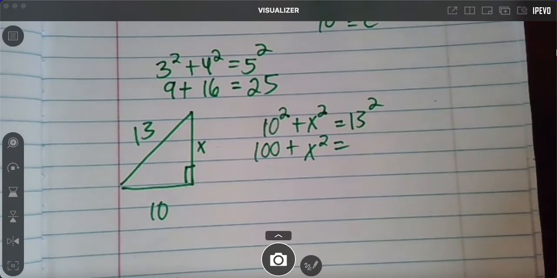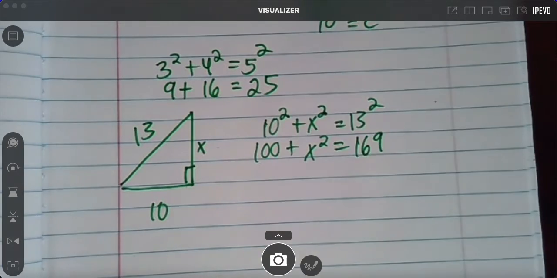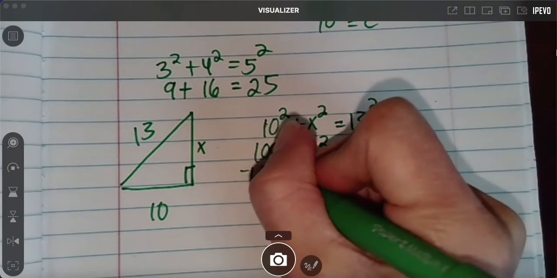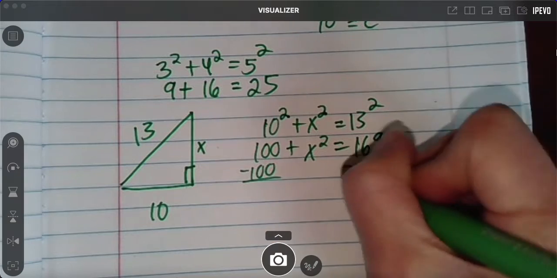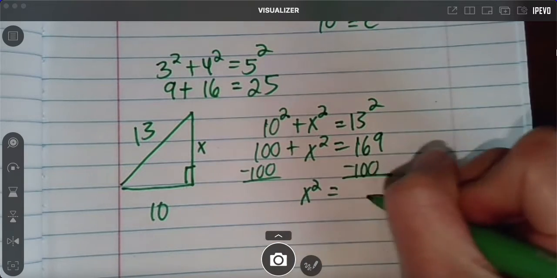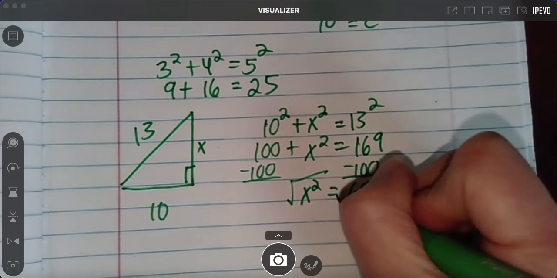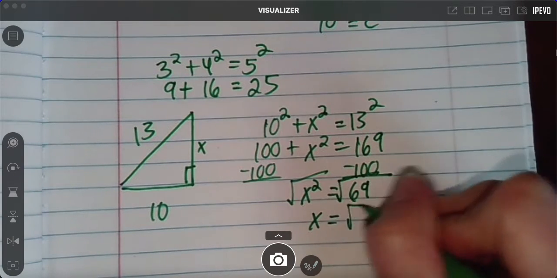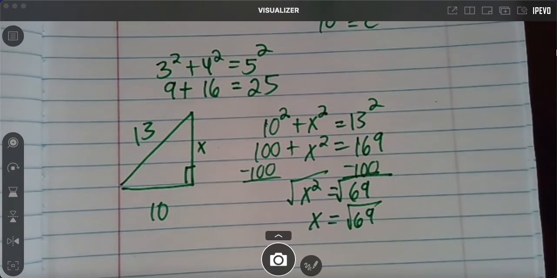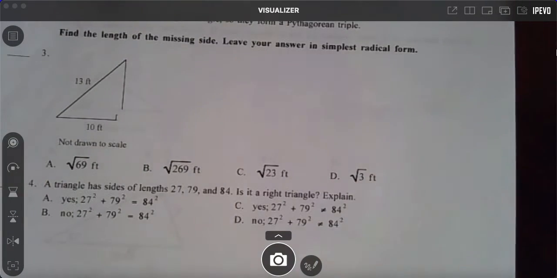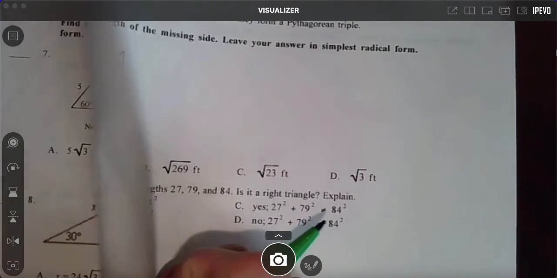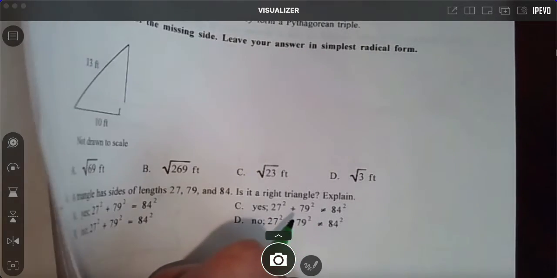And X squared, and what's 13 squared? Okay. All right, then what do I do? You're going to subtract 100. Okay, and when we do that, we get X squared is 69. Then what? Take the square root, and you can't get a square root of that. There's no perfect square that goes into it. So which one's your answer on that one? A. Okay, let's see what our next one is.